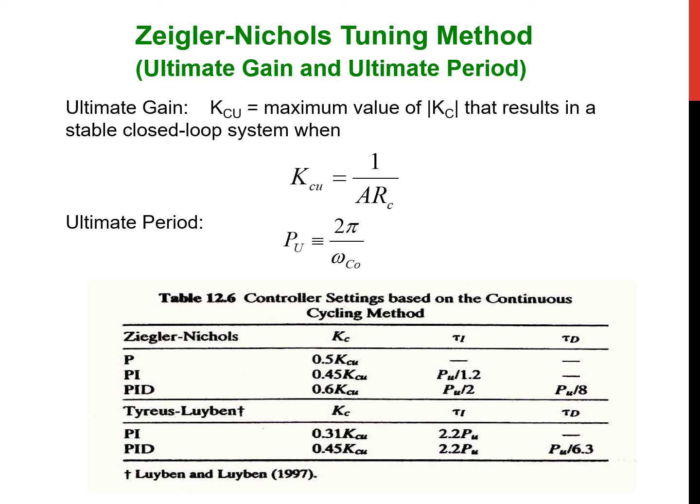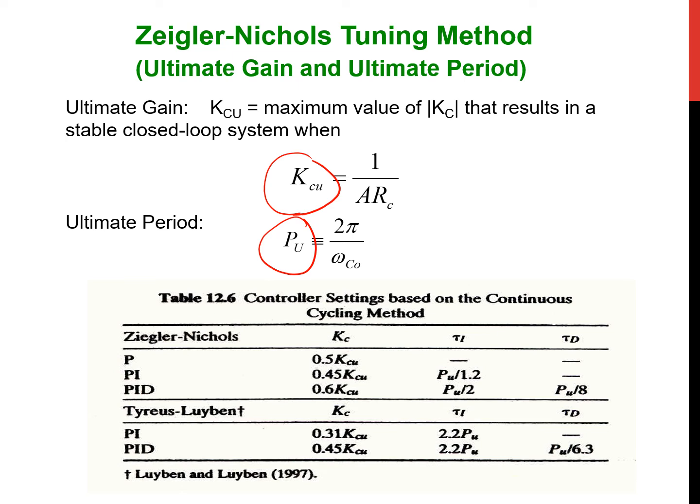In this case, we require the information of the KCU and PU. The KCU is equal to 1 divided by ARC, the maximum value of KC that results in a stable closed loop system. So we need to find our ARC, then we can find our KCU.